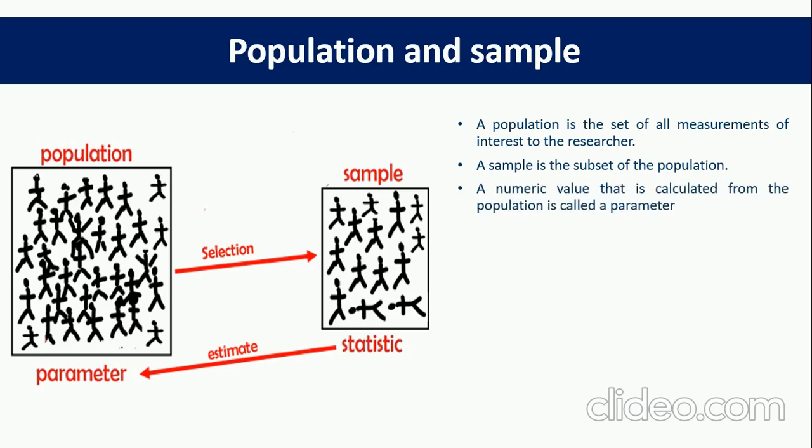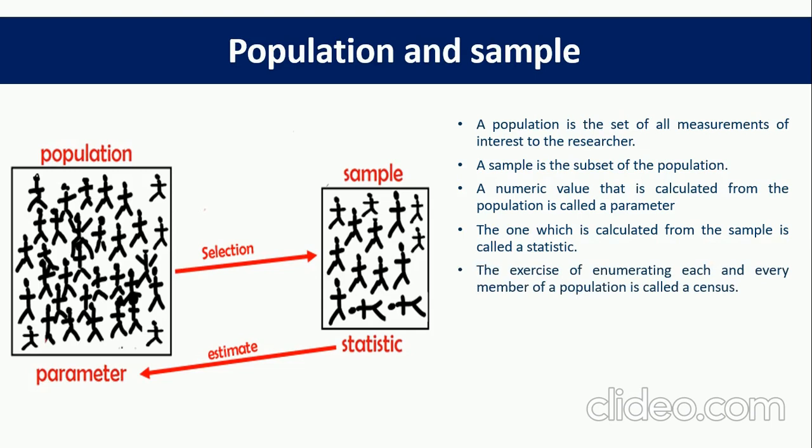A numeric value that is calculated based on the population is called a parameter, and that which is calculated based on the sample is called a statistic. The exercise of enumerating all the individuals in the population is called a census, and the study which is based on the sample is called a sample survey.